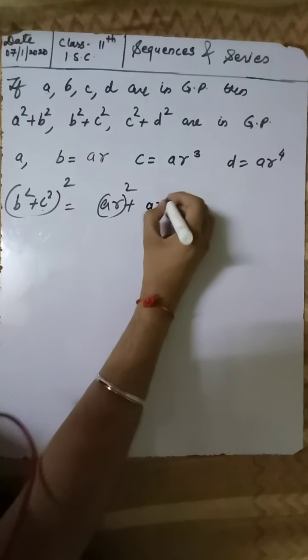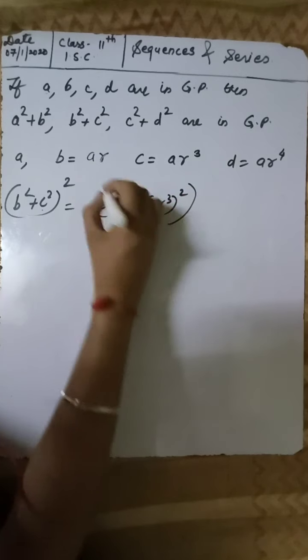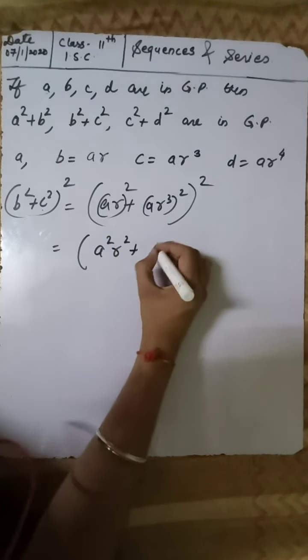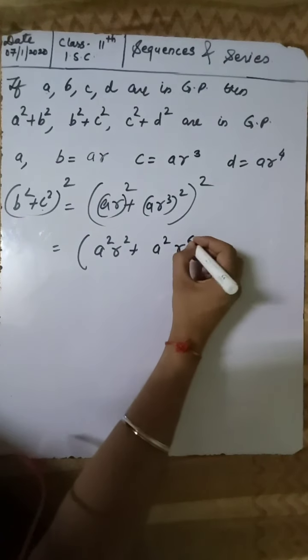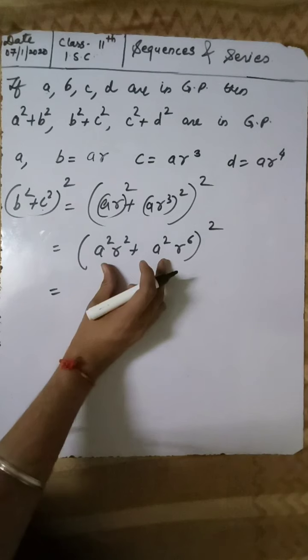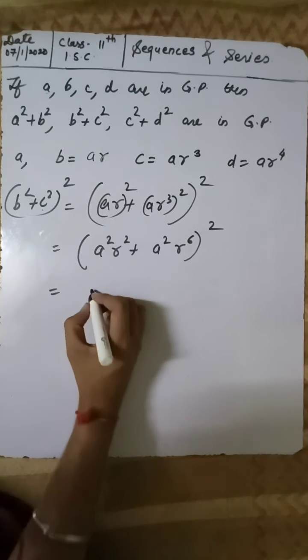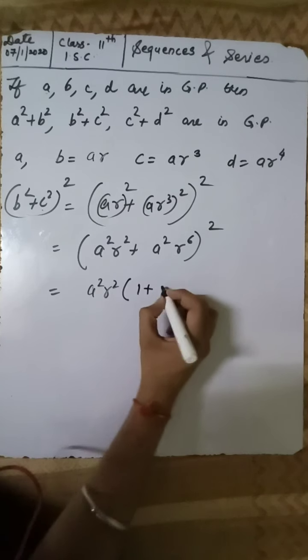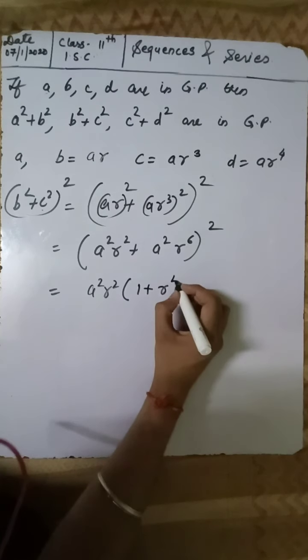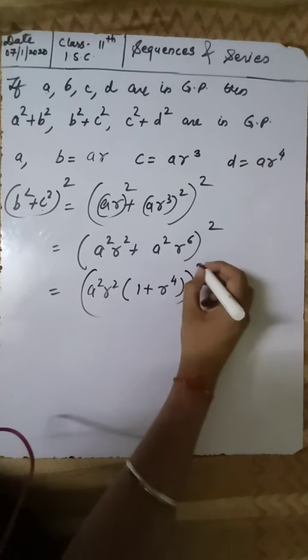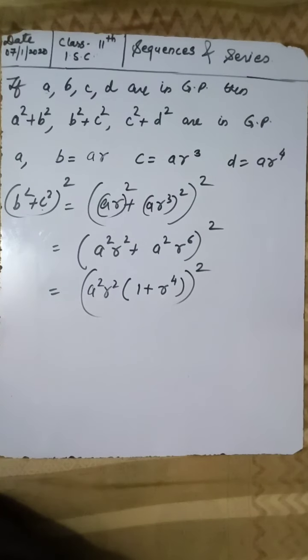C square is AR cube the whole square, and the whole square. A square R square plus A square R to the power 6 the whole square. Now from inside you can take A square R square common. You will get 1 plus R to the power 4 the whole square.